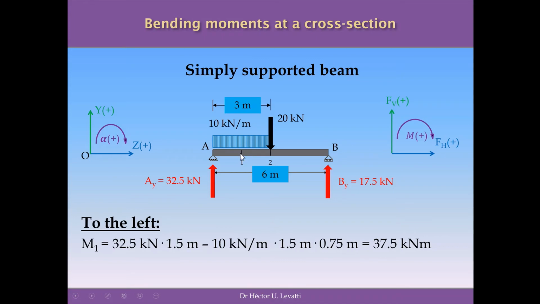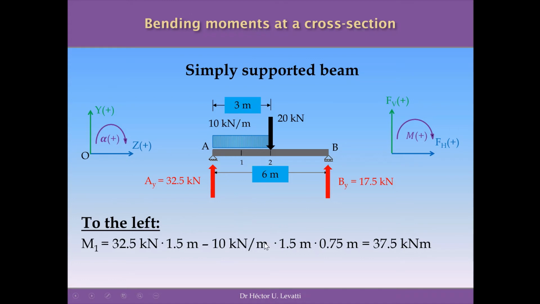The next force I have around 1 to the left side of the structure is this portion of the UDL. It's only half of the UDL. So it's a negative moment because we are going to have an equivalent load in here, rotating around the point 1 anti-clockwise.